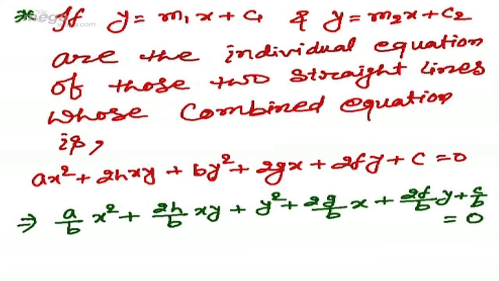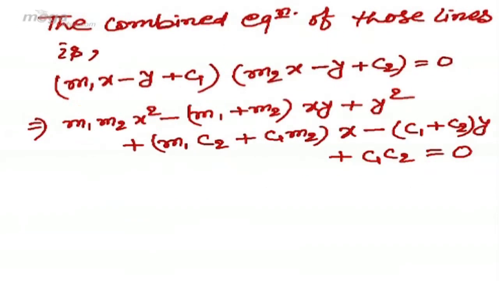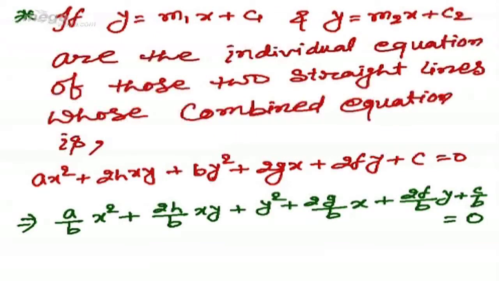Now we will compare this equation and this combined equation, because the coefficients of y square are both the same, 1 and 1. So all the like terms' coefficients will also be the same.